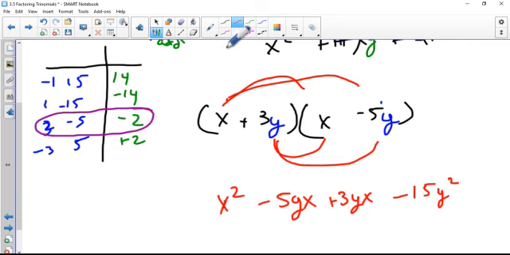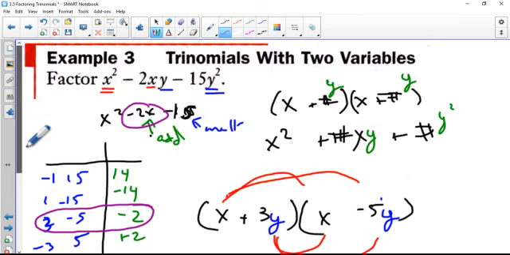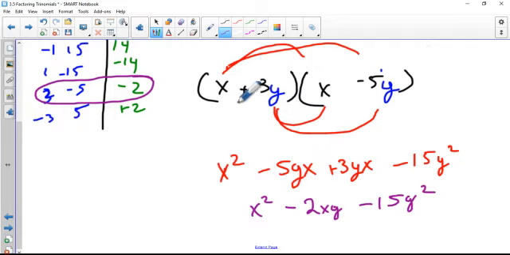So collecting like terms, we're going to get x squared. yx is the same thing as xy. It doesn't matter the order because they're multiplied. We're going to get minus 2xy, so I just switched it there so it matches my original, and minus 15y squared. So is this, x squared minus 2xy minus 15y squared, equivalent to our original? And it is, so therefore this is the correct factoring.